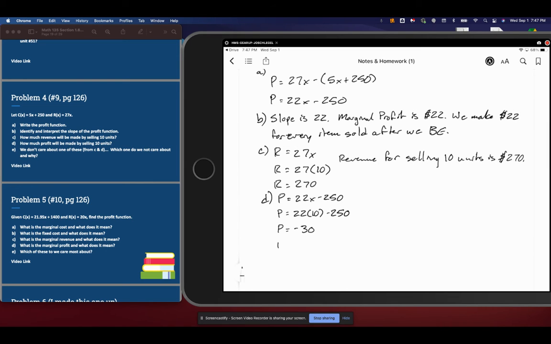So we are having a loss of 30 bucks by selling 10 units. That's bad.